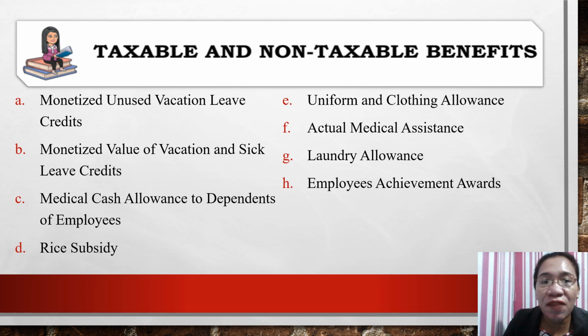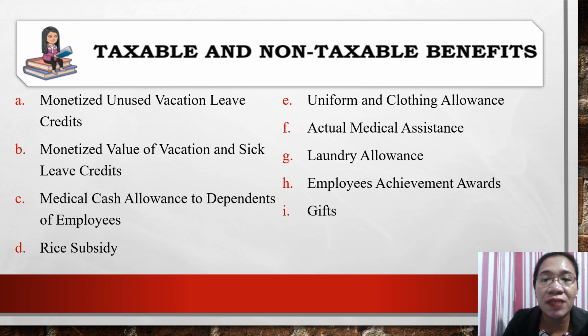Parang benefit mo. Next, it can also be gift certificate with annual monetary value not exceeding 10,000 received by the employee under an established written plan which does not discriminate in favor of highly paid employees. So, ganun yun.